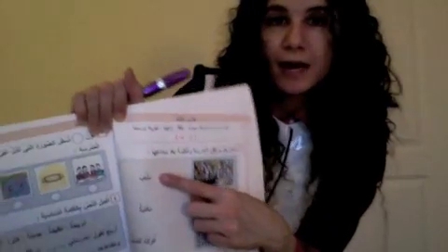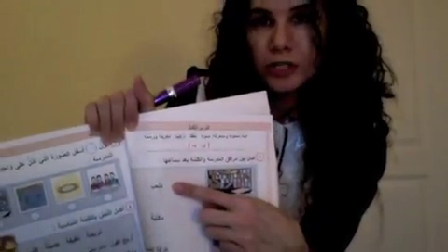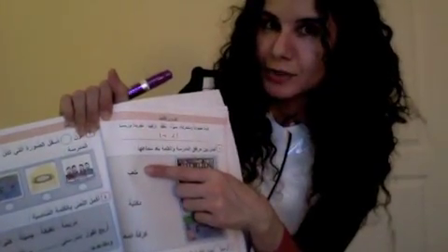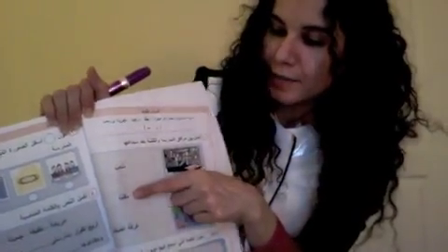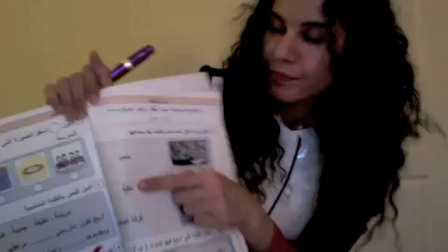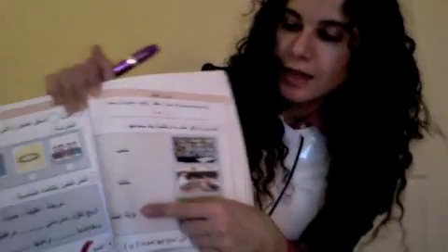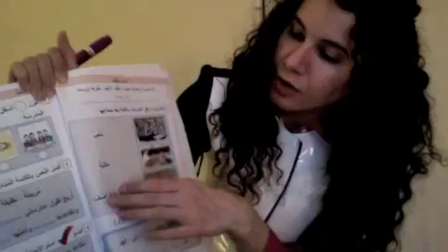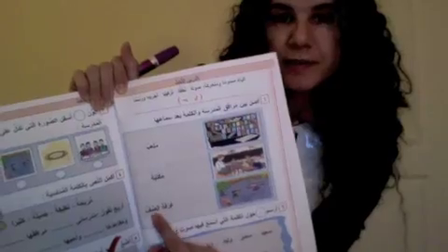First word is mal'abun. The middle one is maktabatun. And the last one is ghurfatu saffi.